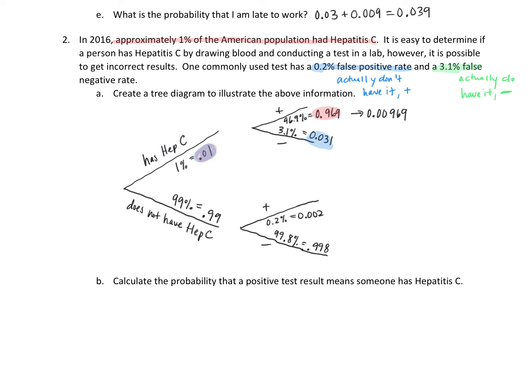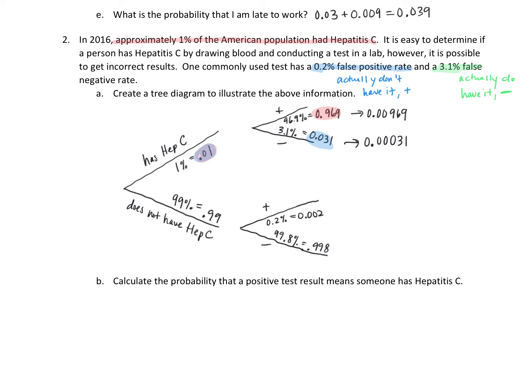So to find that, we would do 0.01 times 0.031, and we would get 0.00031. So these numbers are very small. Notice that if you add those numbers together, the 0.00969 and the 0.00031, you get 0.01. And that's exactly what we have over here on the original branch. So those two numbers, the joint probabilities that you're getting at the right-hand side, those should match that 0.01.